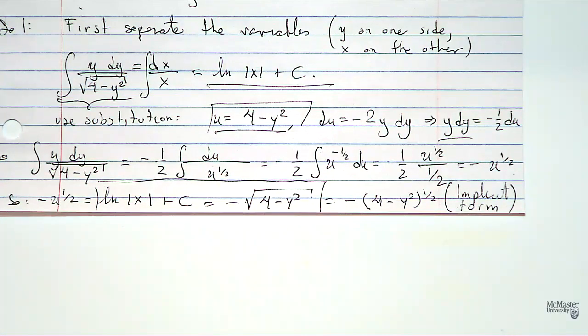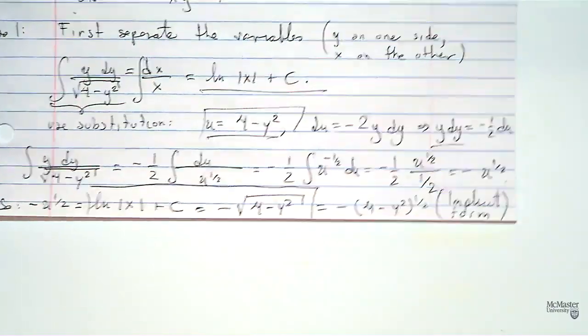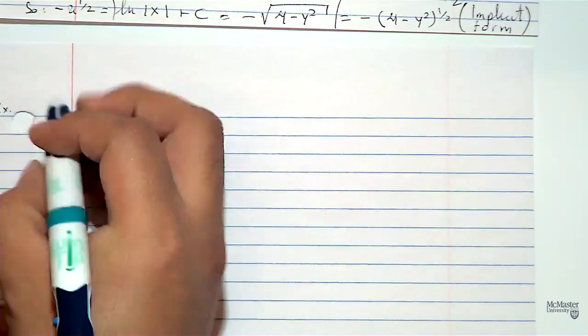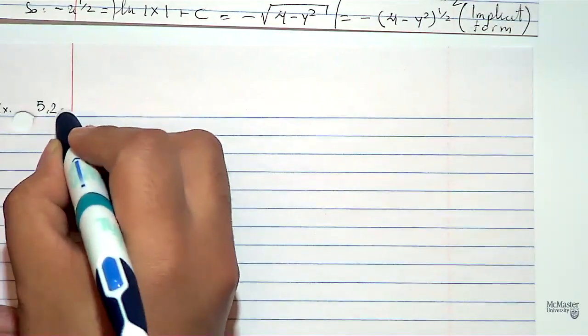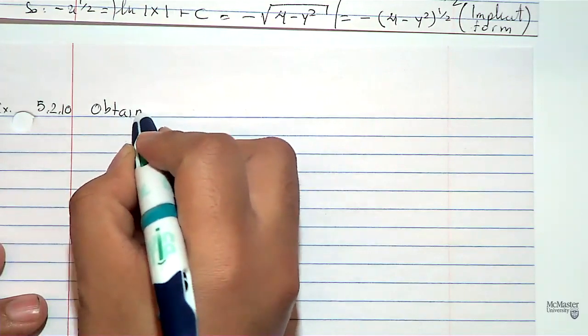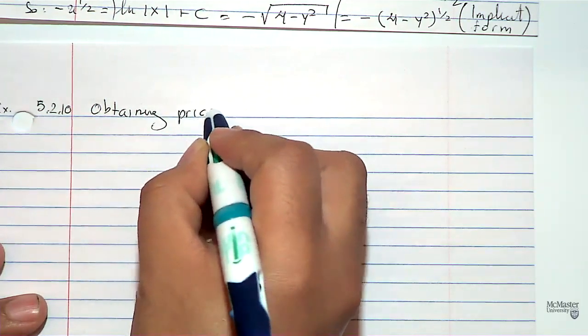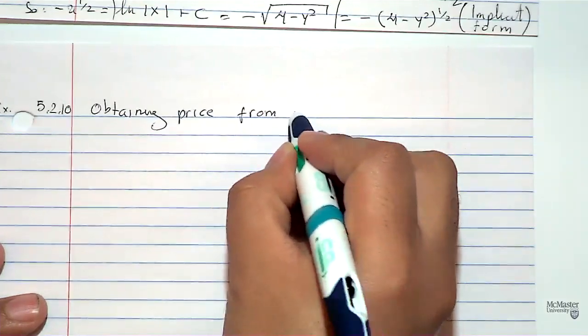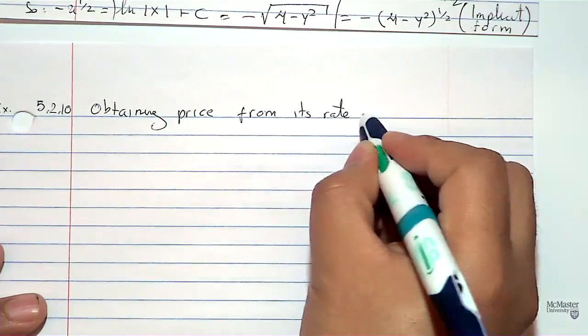So, I will do the posing of a problem at the end, and then we will continue next class. So let me write the problem, and then we start from there in next class. In the next class, we will do example 5.2.10, which is to obtain the price from its rate of change.